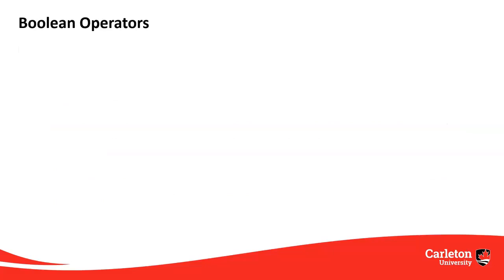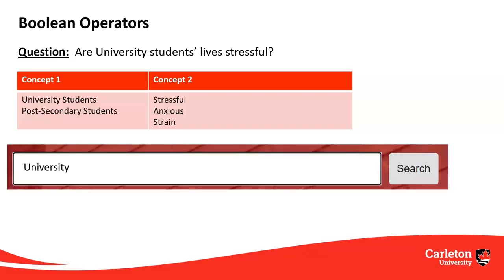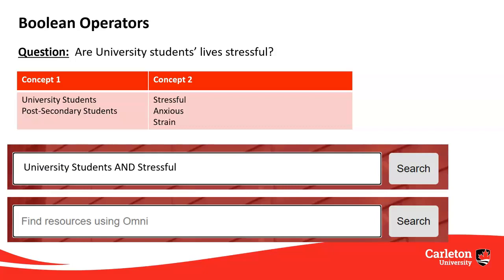So following on from our original question of are university students' lives stressful, I have the following concepts. Concept 1 is university students, or we can also use post-secondary students. And concept 2, we have the words stressful, anxious, strain. So my first search could read as follows: university students AND stressful.